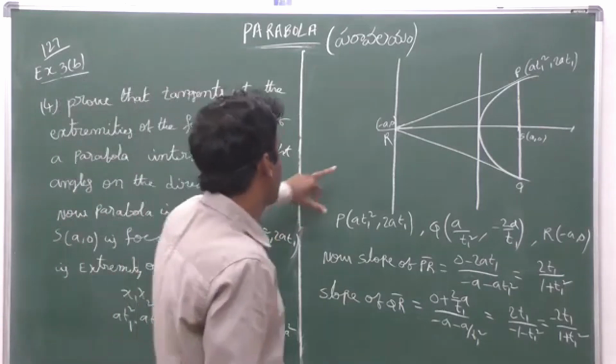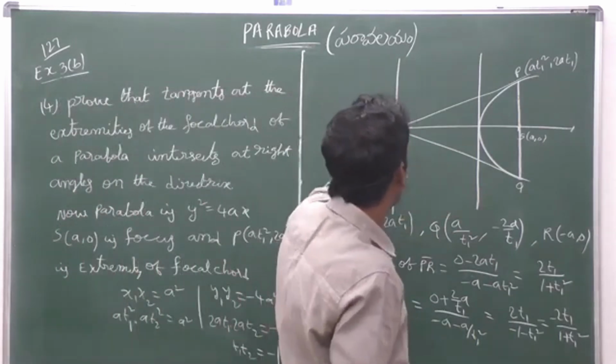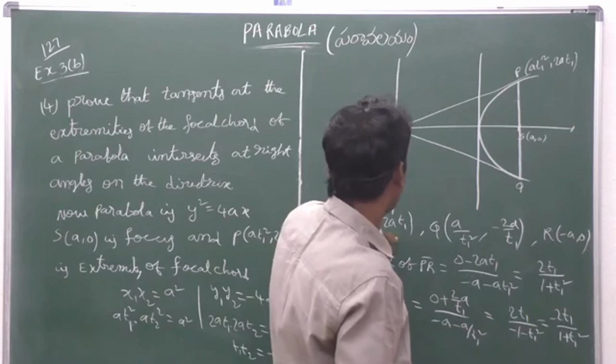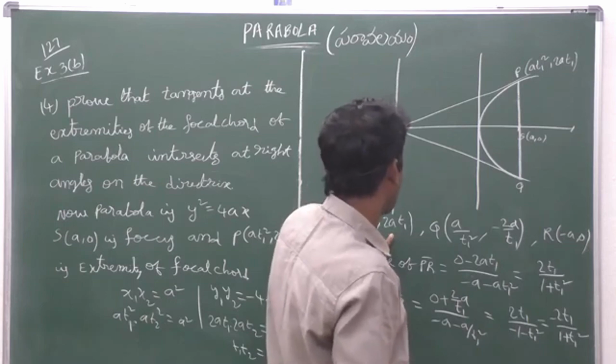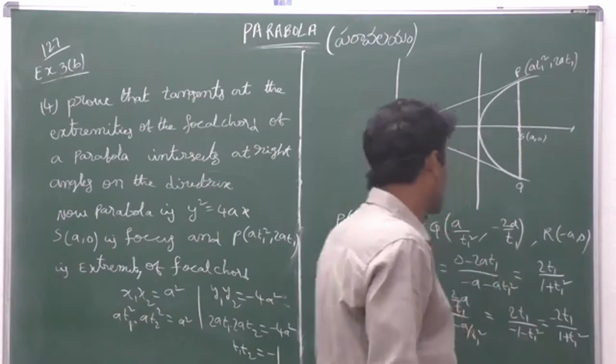Here slope of PR is (y2 - y1)/(x2 - x1), that is 2t1/(1 + t1²).